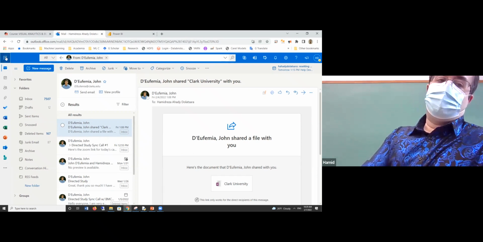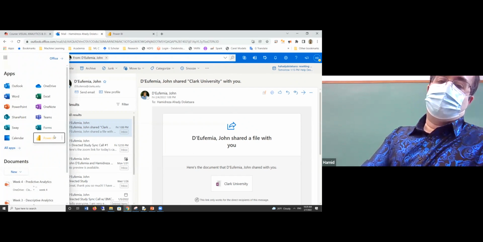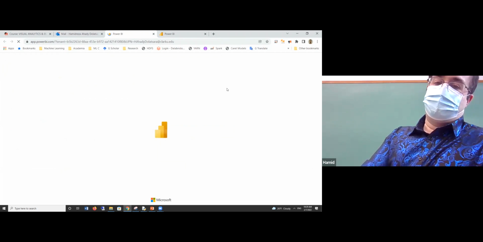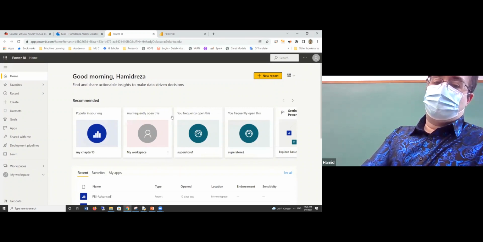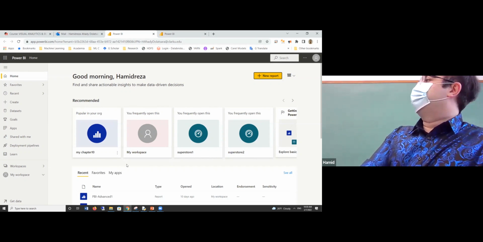When you click on them, there's a Power BI section. Based on what I've seen, it seems they are still developing it. It's not as good as Power BI Desktop, but there is a good amount of overlap with the Power BI Desktop that you might see at the end of the semester.